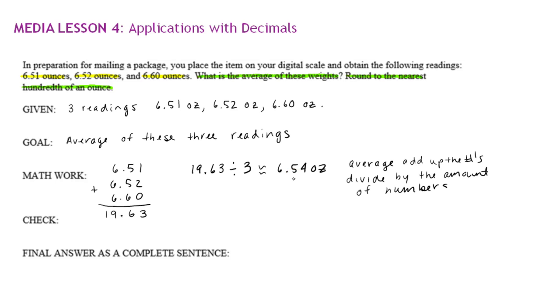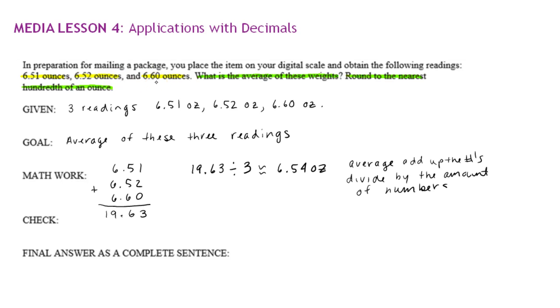And I claim it does because it approximates all of these numbers, it's close to them. If I had gotten 18 ounces, I would have been concerned because how can the average or an approximation of these 3 numbers be bigger than all of them? Or if we got 2, that would be a red flag because how could the average of 3 things that are over 6 be 2?